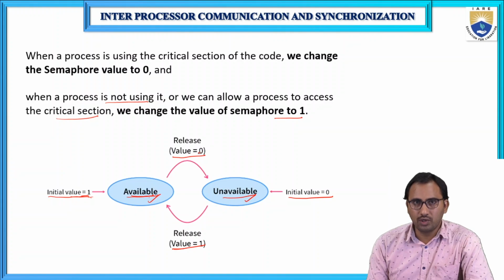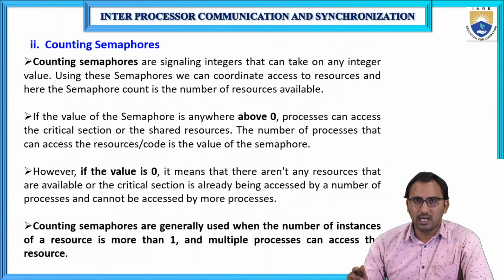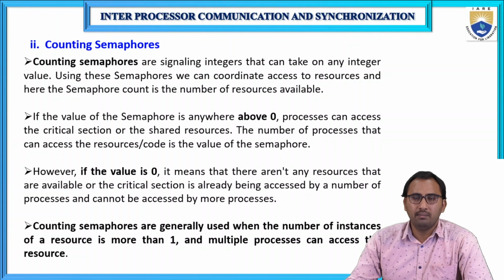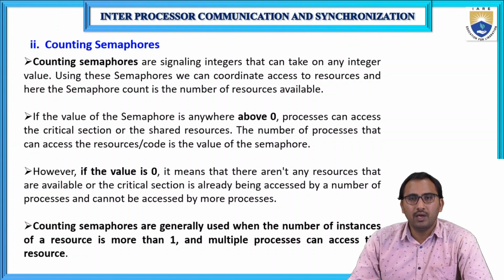If the value is 0, the state of the resource is changing from available to unavailable. So that is a binary semaphore. In binary semaphore, we have only two values, either 0 or 1. 1 represents available and 0 represents unavailable of the resource to the process.